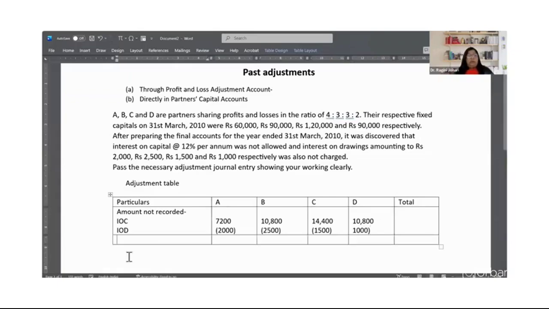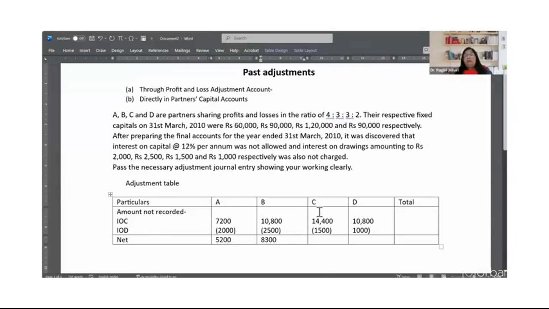Now, finally, how much is the net? 7,200 minus 2,000 is 5,200. 10,800 minus 2,500 becomes 8,300.